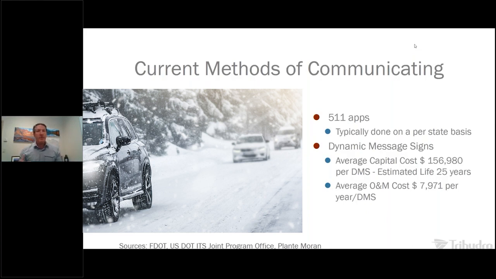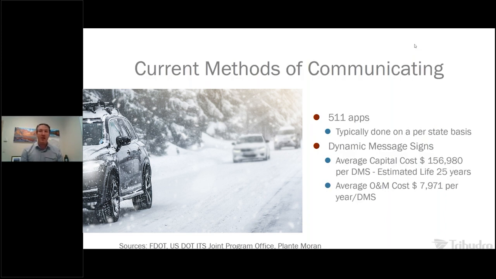The other way that we're communicating with drivers out on the road is through dynamic message signs. Dynamic message signs are really practical, really great ways to communicate with every single driver out on the road. They've been shown to reduce accident rates by up to 7%. So it's really effective, but it's also really expensive.